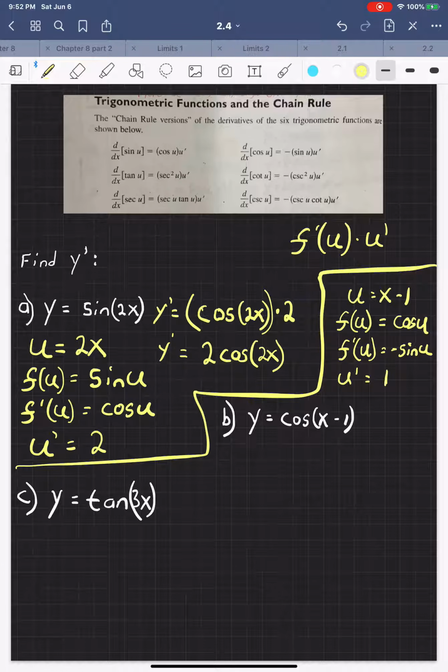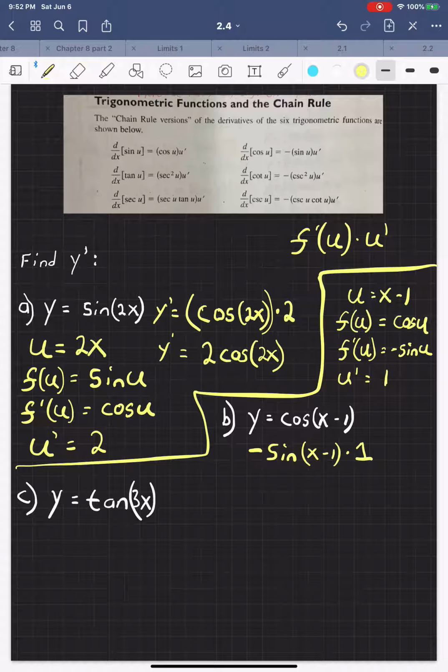Okay, so f prime of u times u prime, plugging x minus 1 back in for u, I would have negative sine of x minus 1. That would be f prime, and that would be times u prime, which would just be times 1.